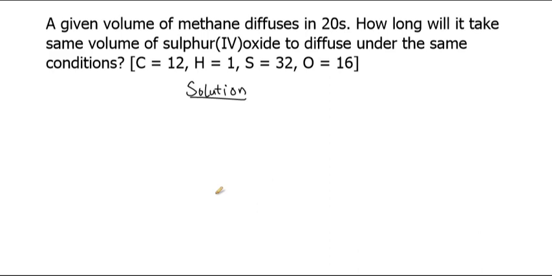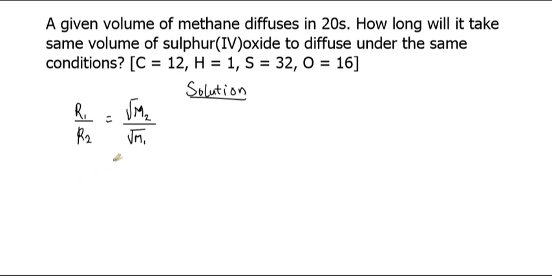In cases when we have two gases involved, Graham's law equation is given as R1 over R2 equals the square root of the molecular mass of the second gas divided by the square root of the molecular mass of the first gas. Here, subscripts 1 and 2 refer to the first and the second gases respectively. So the first gas here is methane, while the second gas is sulphur oxide.